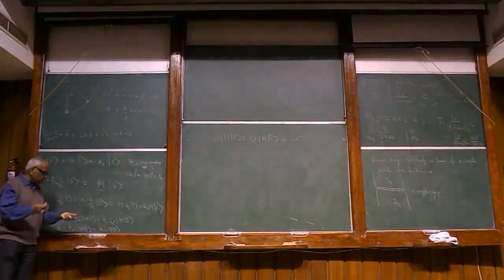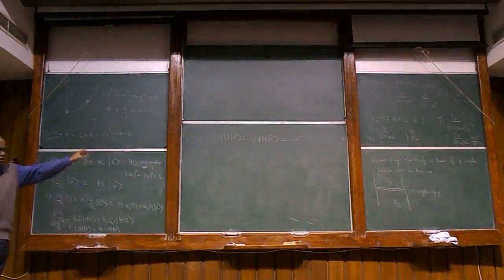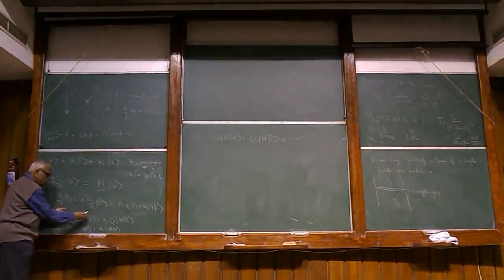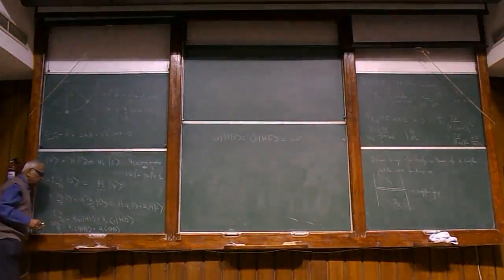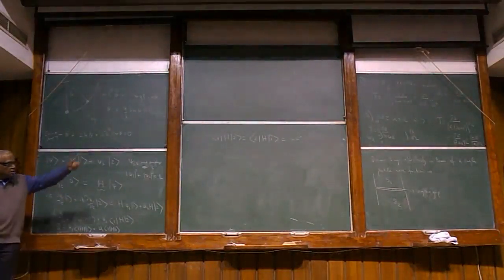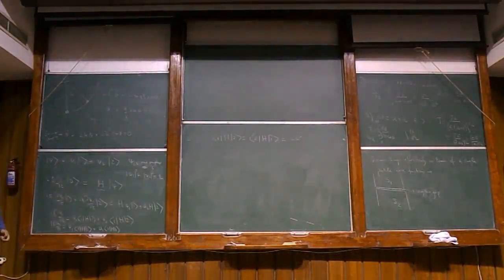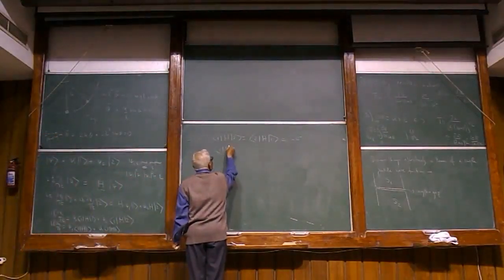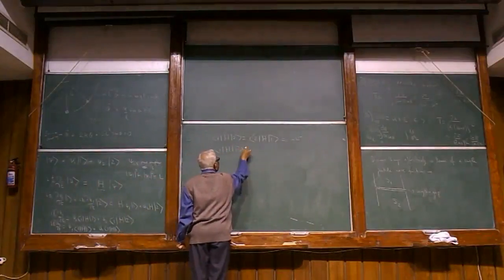If I didn't have any connection whatsoever, then there is no hopping, and <1|H|1> would just be the ground state energy of system 1, so it's a property of 1.